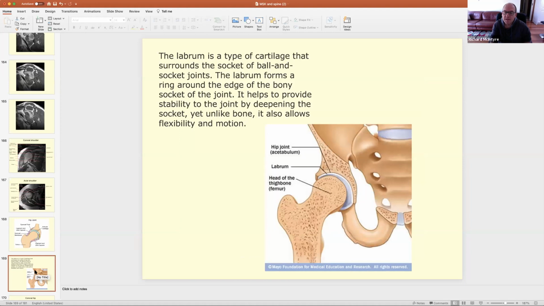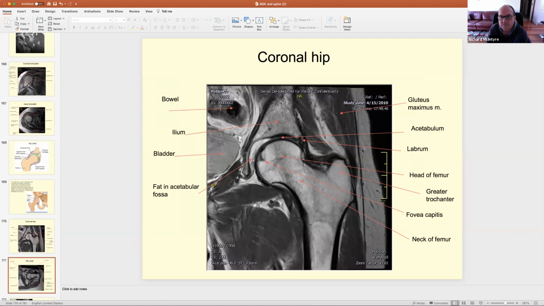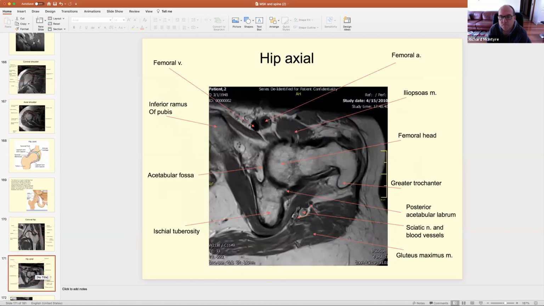Again, the labrum in the hip joint. Okay. Coronal hip. Structures in the hip.